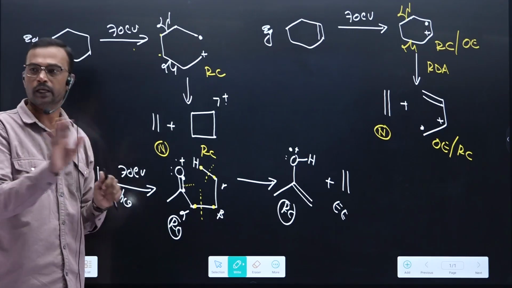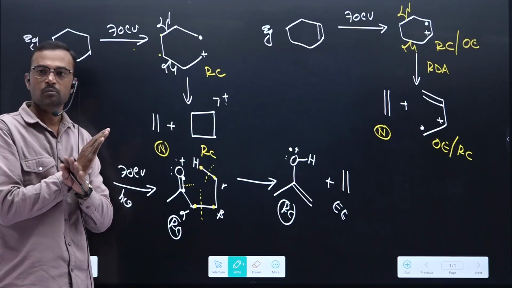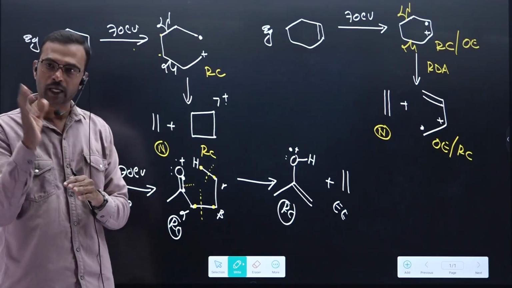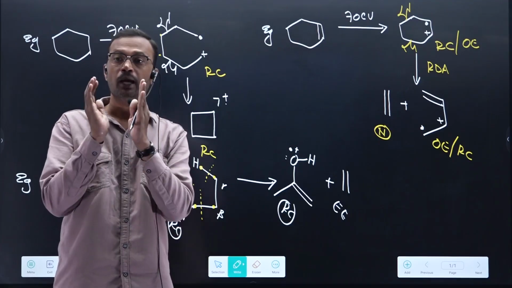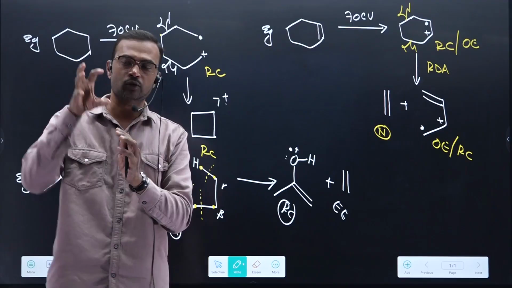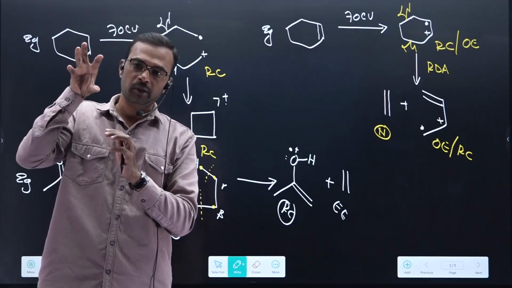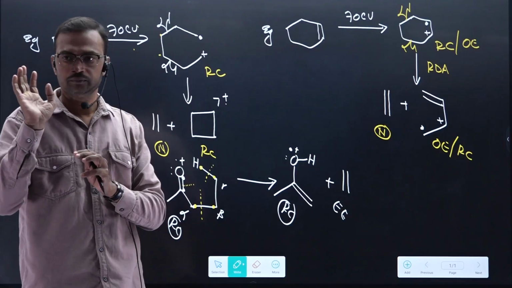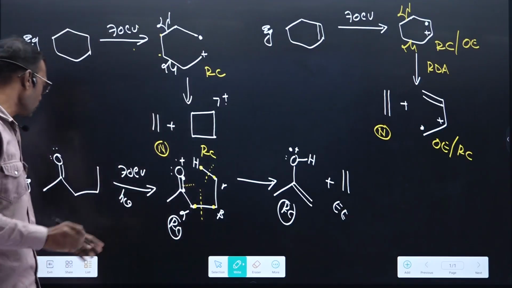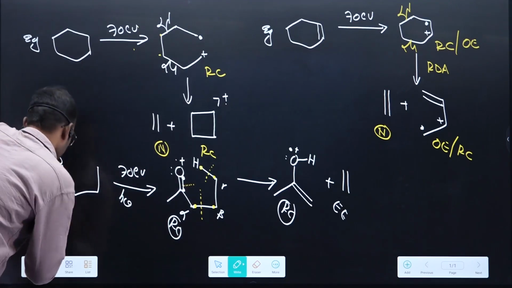Your source is not light, remember. In mass spectrometry, forget about light energy. The only thing is, we are using a beam of electrons. A beam of electrons means a pool of electrons coming with high energy and contacting the sample. That's it. So this is called McLafferty rearrangement.